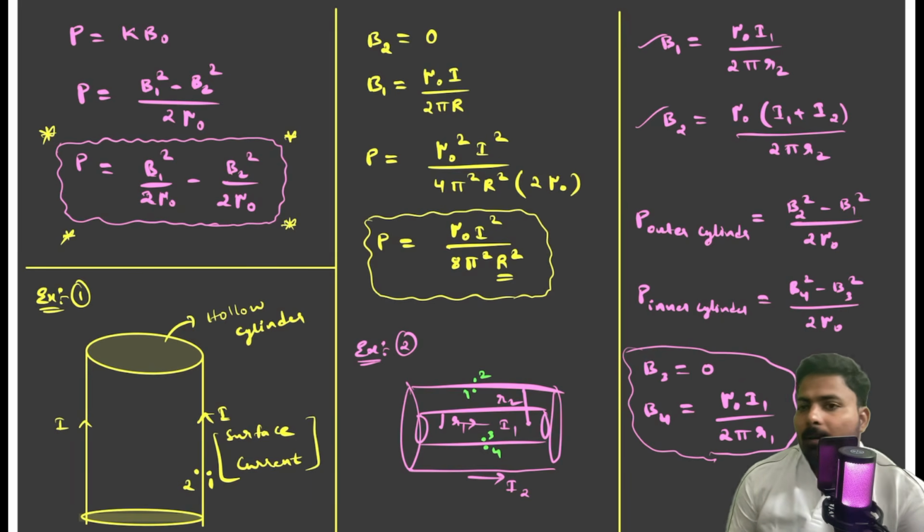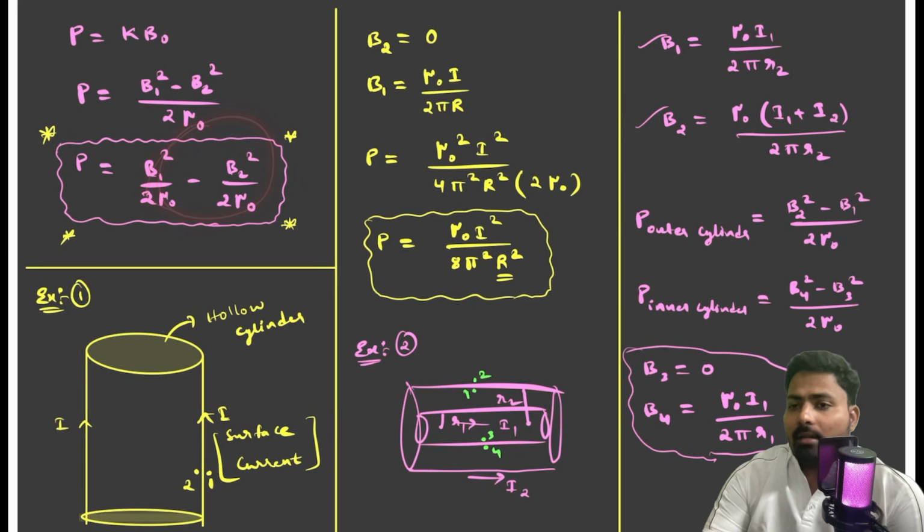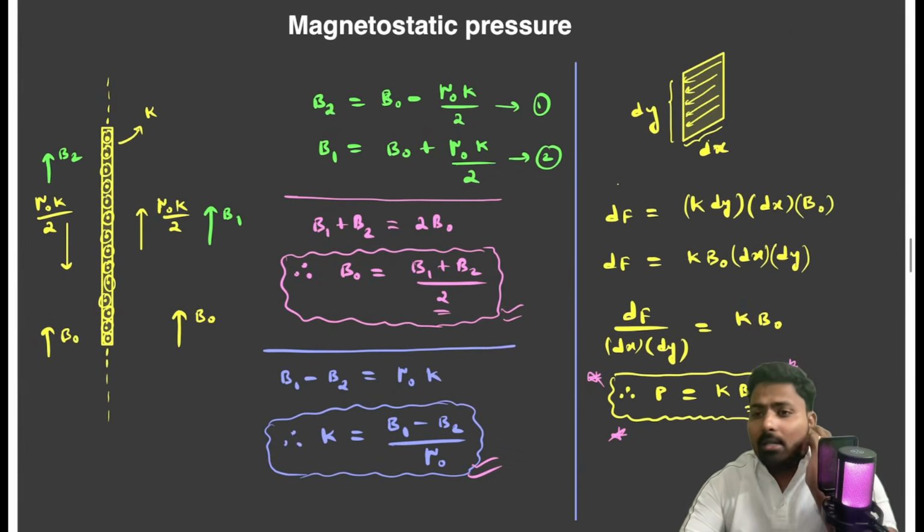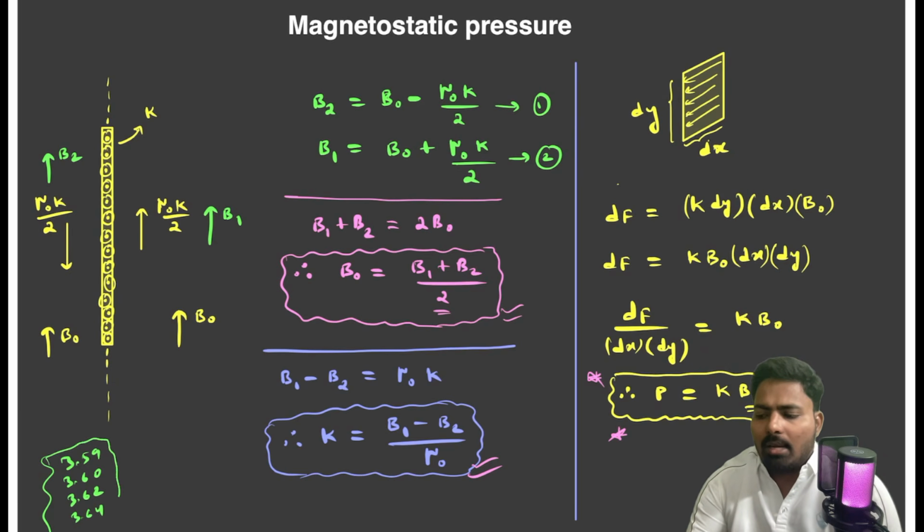I hope the concept is clear, and the examples are also pretty clear. Now the homework part: based on this concept there are questions given in both Irodov as well as Pathfinder. In Irodov, the numbers are like 3.59 and so on, some 5 or 6 questions. You can check after going through this concept.